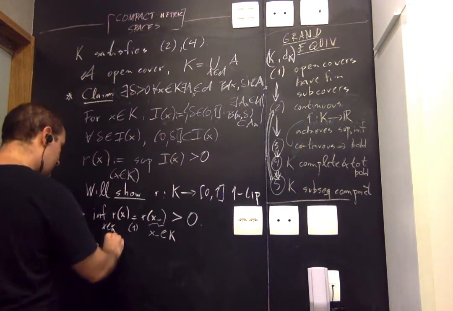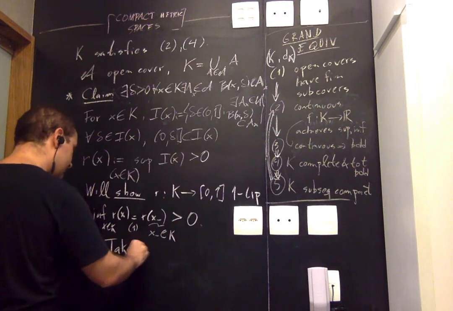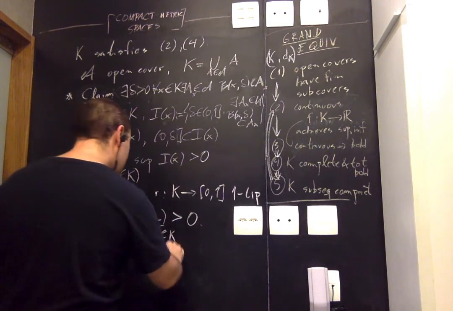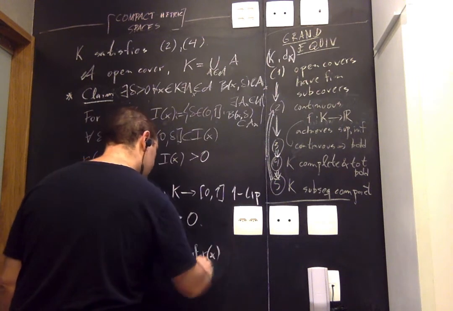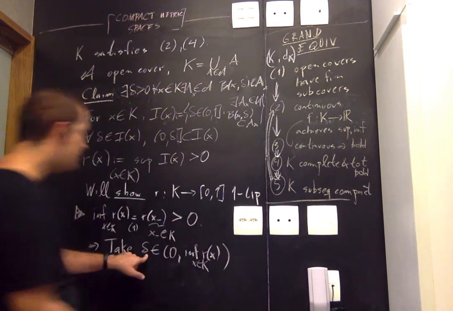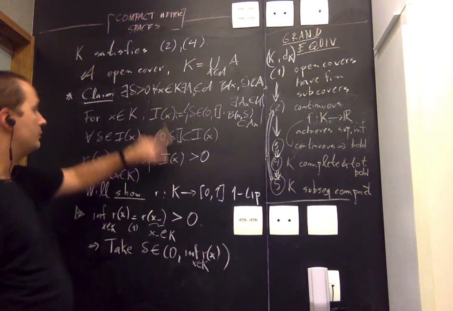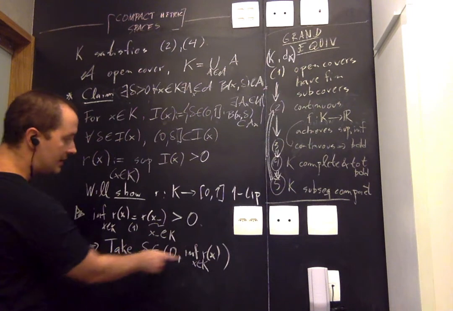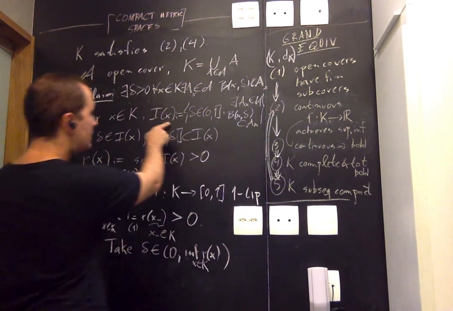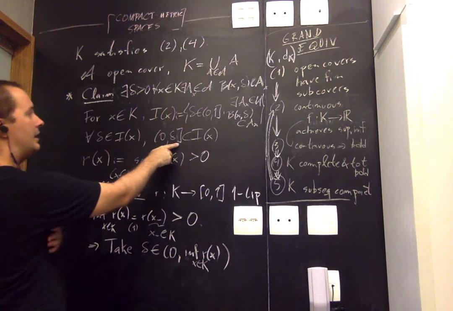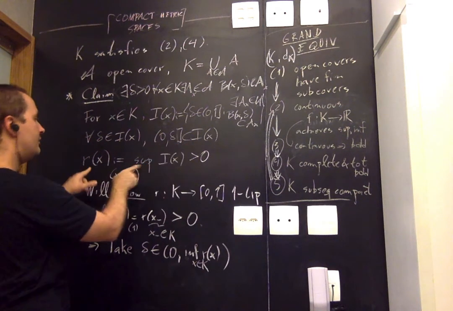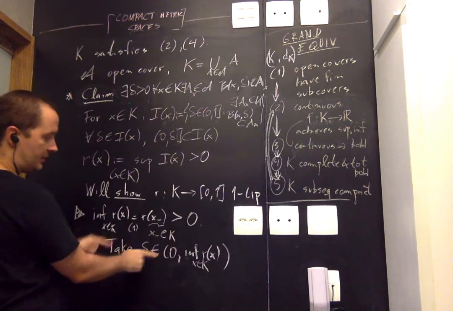And then we prove the claim by taking any delta that's between 0 and the infimum. And you just have to check that this delta works. Well, if delta is less than the infimum, then it's easy, because the set here has an interval structure, it's easy to see that I of x has to contain delta.